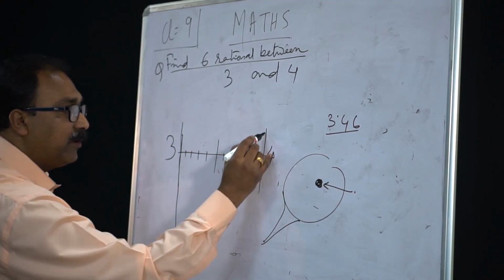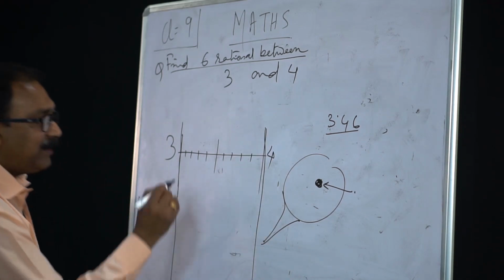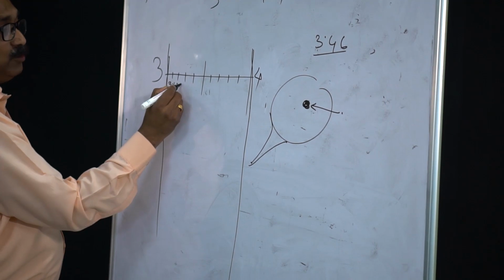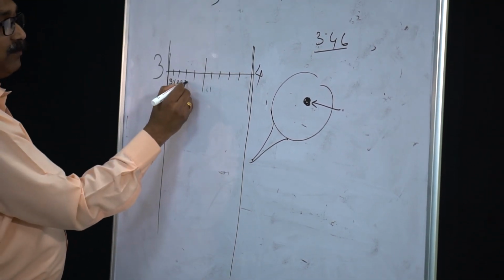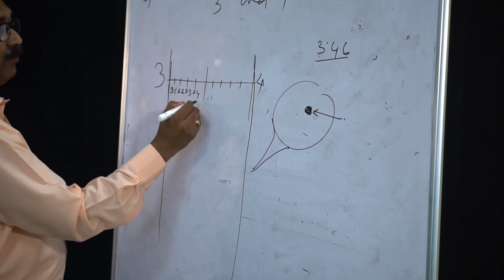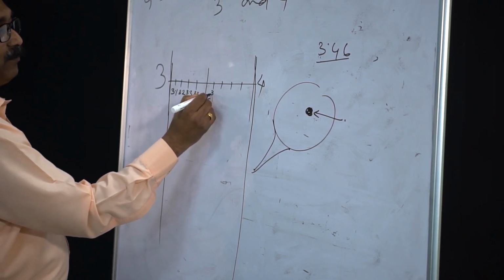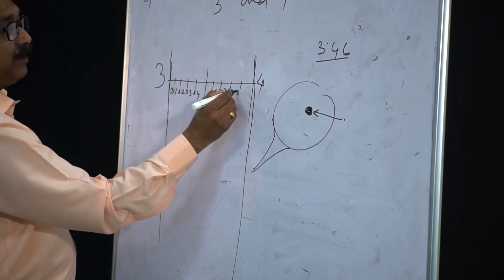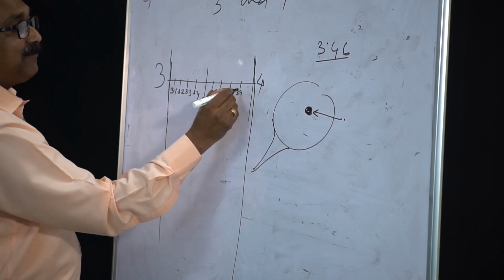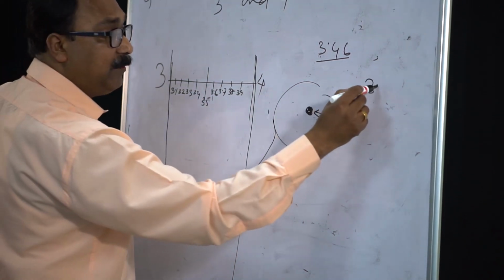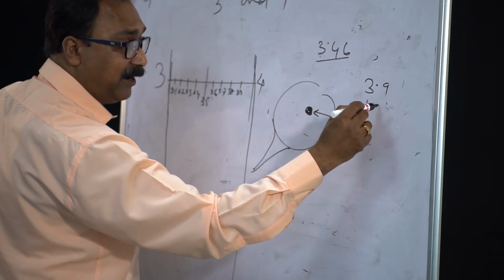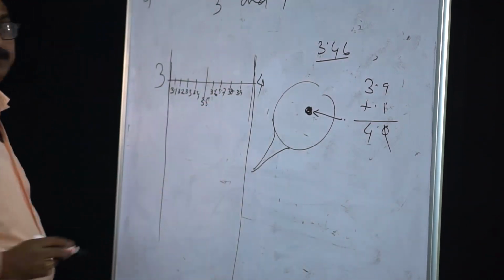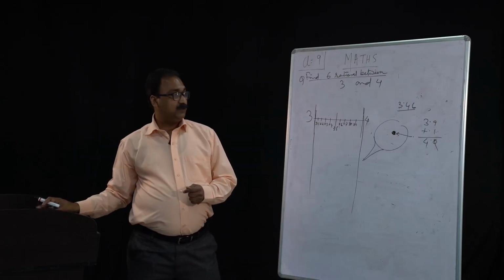Look at this, how we can visualize the number. What is this number? 3.1, 3.2, 0.1 is increasing. 3.3, 3.4, 3.5, 3.6, 3.7, 3.8, 3.9. And after that, how does it become 4? 3.9 plus 0.1 becomes 4.0, means 4. That way, we can reach the number.